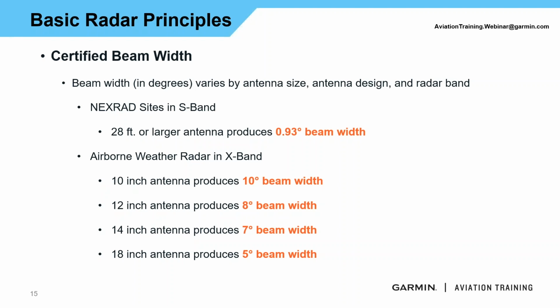So that is definitely a larger beam. If you are coming from having flown larger antennas than a 10, 12, or 14-inch, then you might see that you're picking up a little bit more ground clutter. But as far as the principles of how to fly this radar versus any other radar, it is going to be very similar.